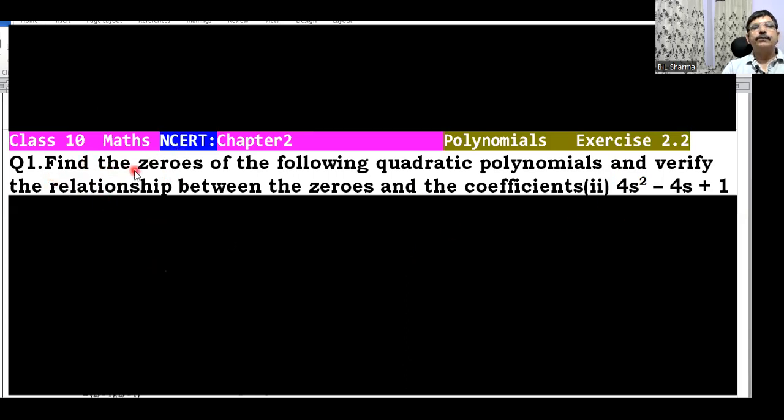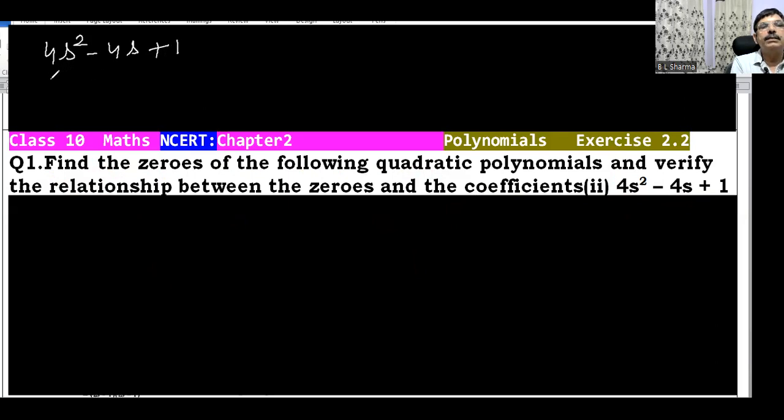The second part is: find the zeros of the quadratic polynomial 4s square minus 4s plus 1, and verify the relationship between the zeros and the coefficients. First of all, the quadratic polynomial is 4s square minus 4s plus 1.